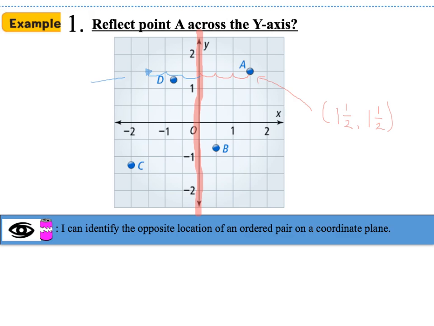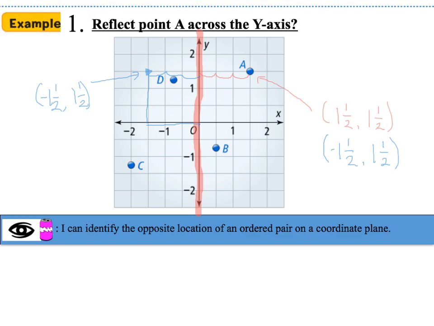Let's go ahead and take a look at the ordered pairs for that. The ordered pair would be, if I start at 0, 0, I'm going to go over on my x-axis to -1 and 1/2. Then I'm going to go up to +1 and 1/2. Now let's go ahead and take some time to compare the original point with the reflection point. The reflection point was -1 and 1/2, comma 1 and 1/2.